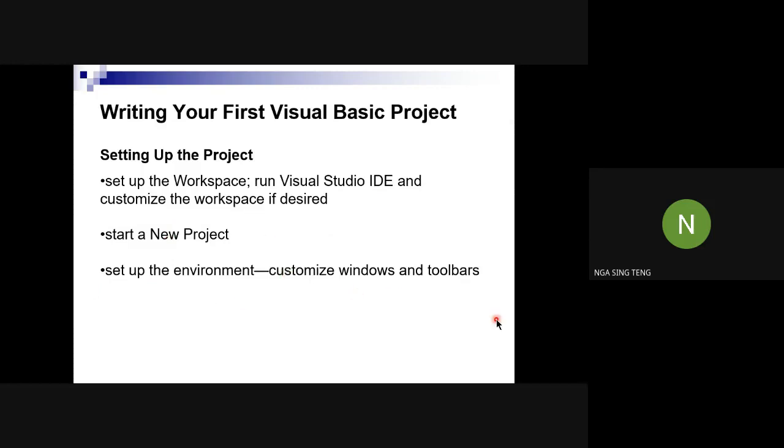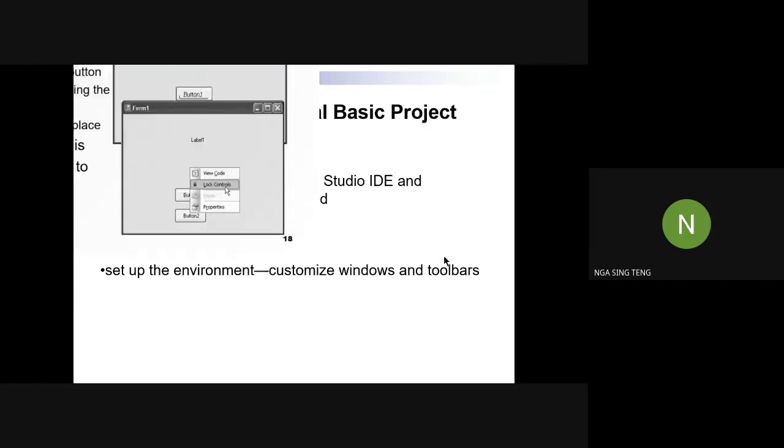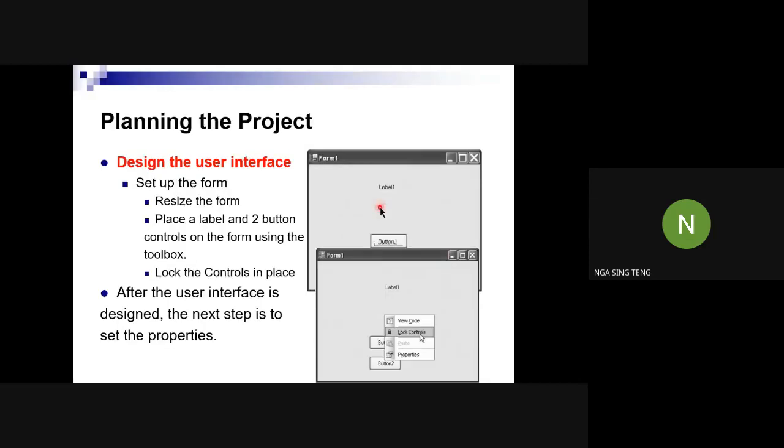You can customize the windows and toolbars, whether you want to customize or not, because most of the programmers actually use their own environment. They may have different layouts. All up to you how you want to set up your own environment to do your program outcome system.